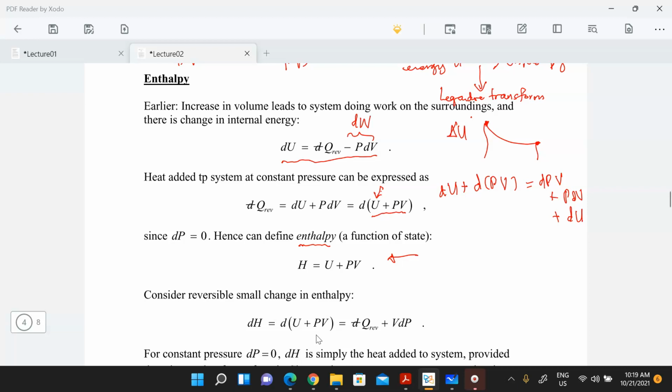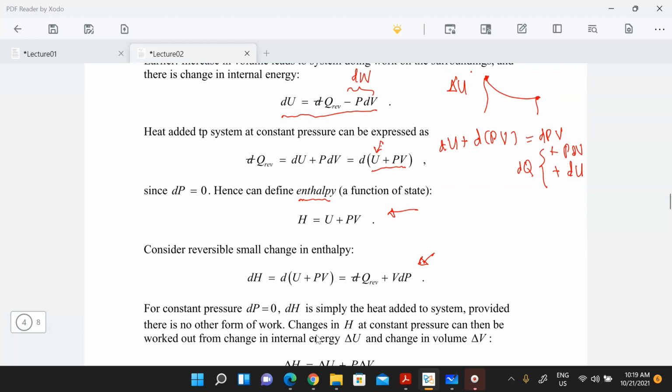So dU plus PdV, these two together are your dQ. The one that's left out is your VdP. So if I consider the constant pressure case, then your dH is really your heat, because your dP is 0.